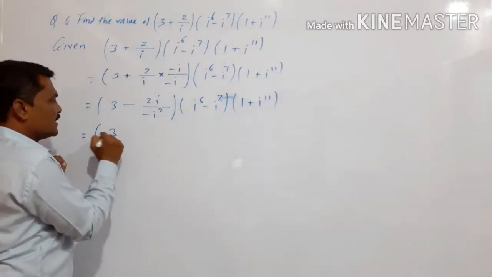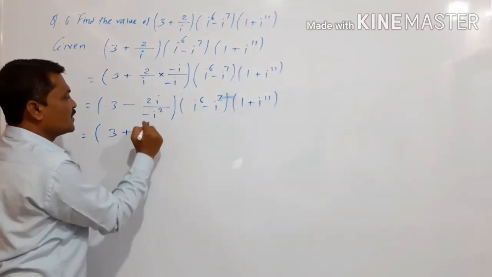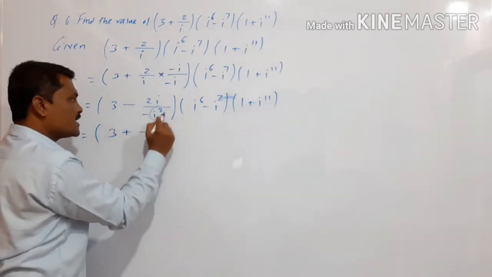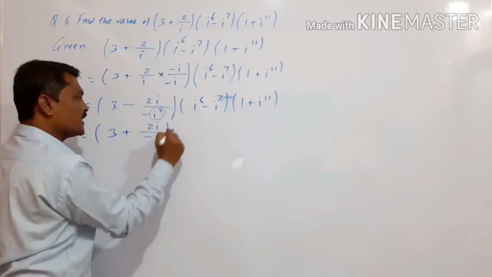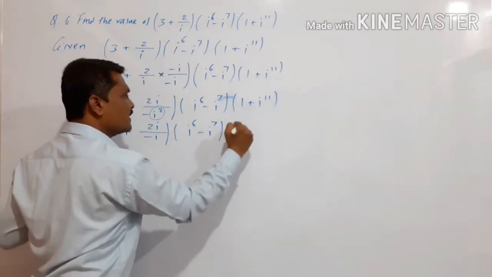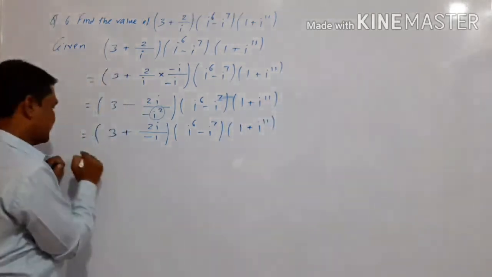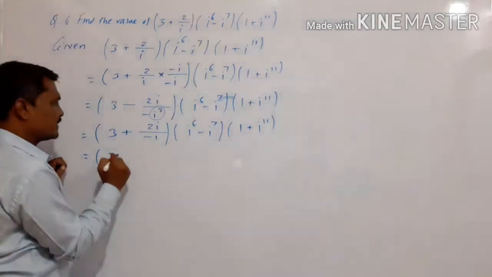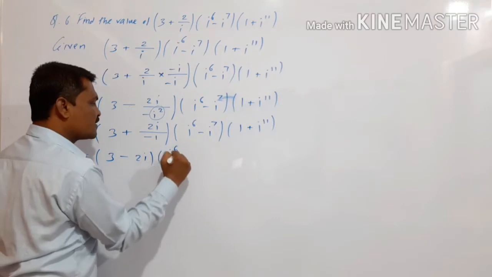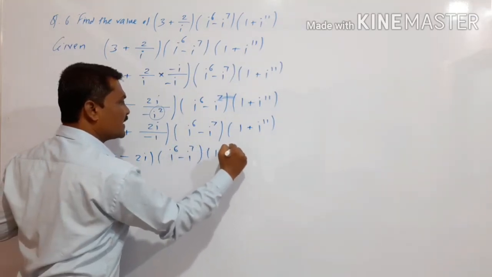Next to it, 3, minus minus becomes plus, 2i. The value of i² is -1. That is equal to 3 - 2i, (i⁶ - i⁷), (1 + i¹¹).